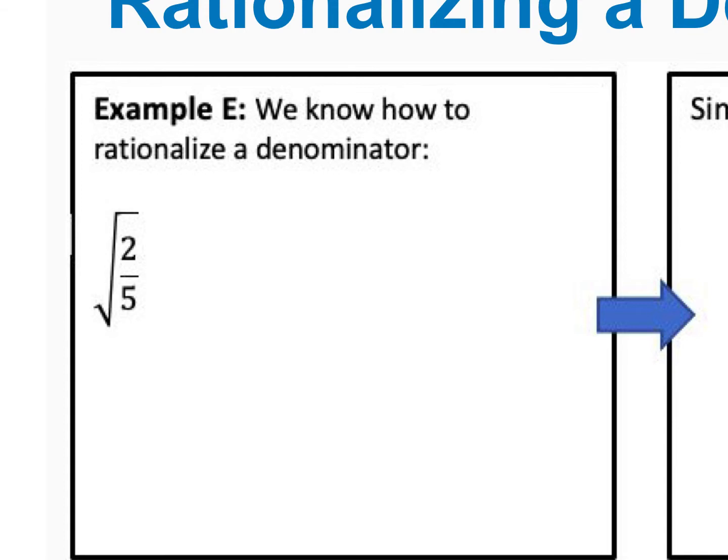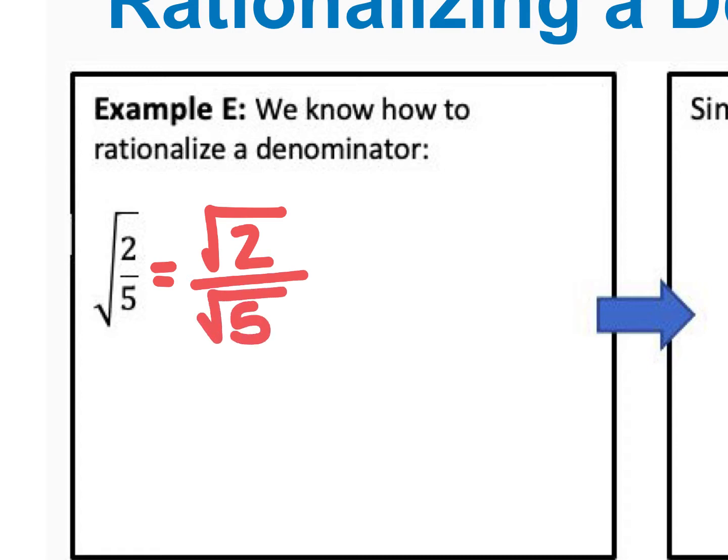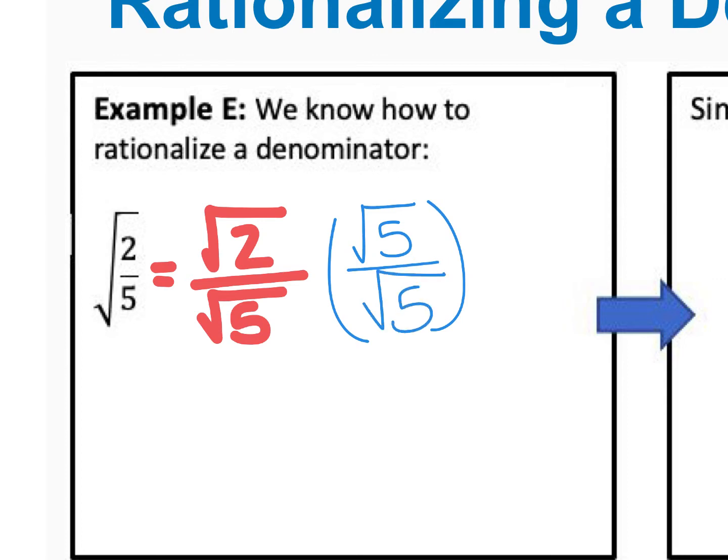The first thing we did was pull it apart like taffy. Use your quotient rule. This is equivalent to the square root of 2 over the square root of 5. And I need to get rid of the square root of 5 in the denominator. So what was my trick before? Well, I multiplied by what was in the denominator to make the bottom be the square root of 5 squared, in other words.